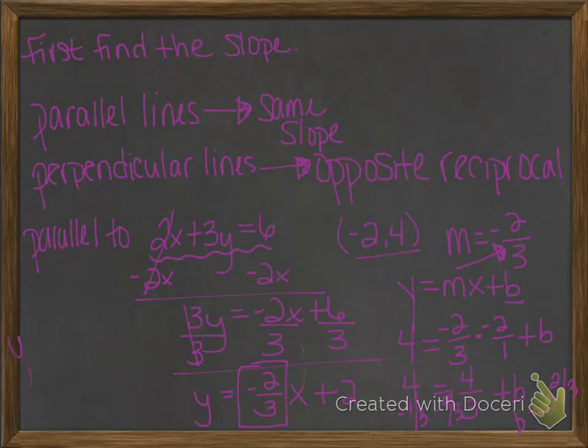So now I keep my y, so y equals, put in the slope that I know, which is -2/3 x, and then my b, what I just solved for, which is plus 2 2/3. So this is the equation of that line that is parallel to the 2x plus 3y equals 6. Okay?